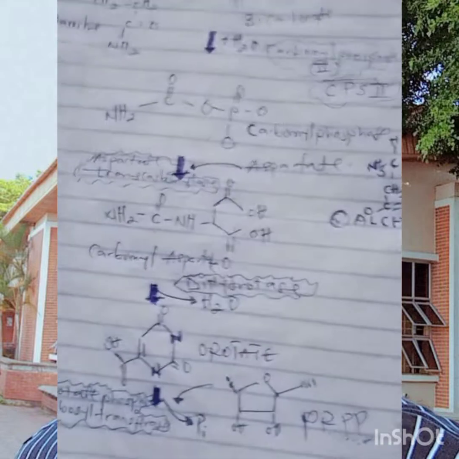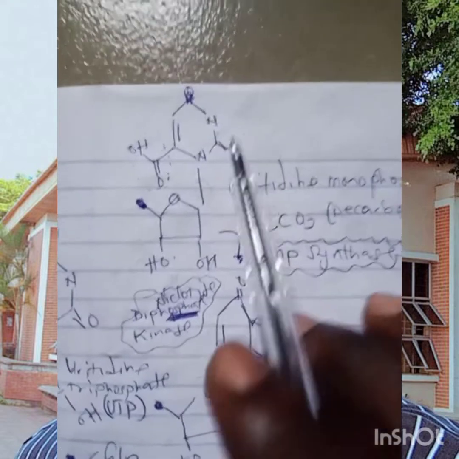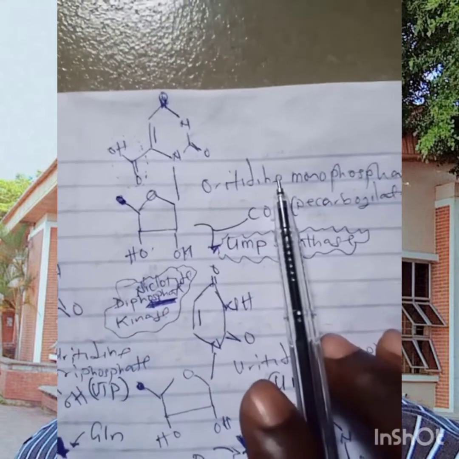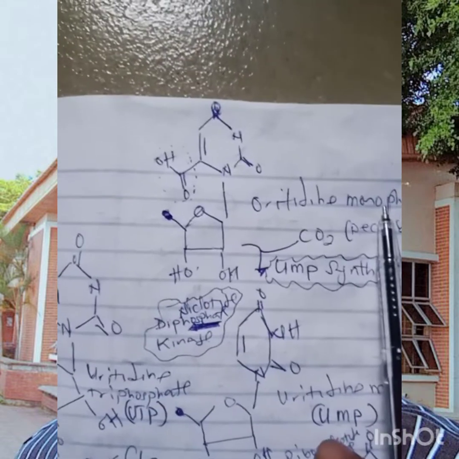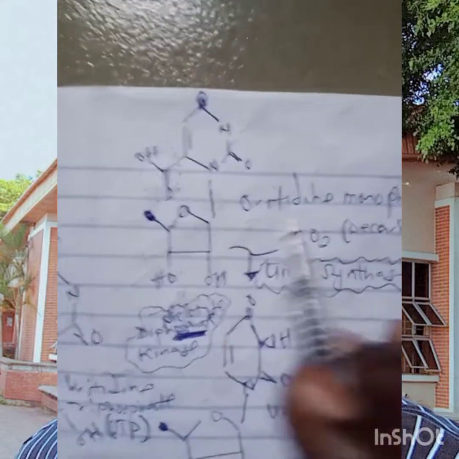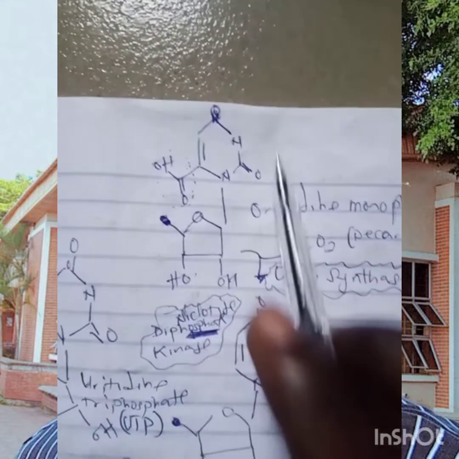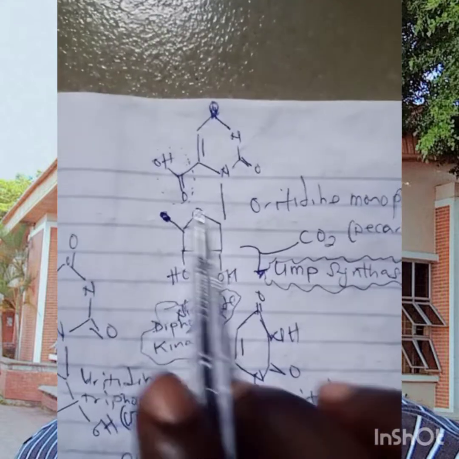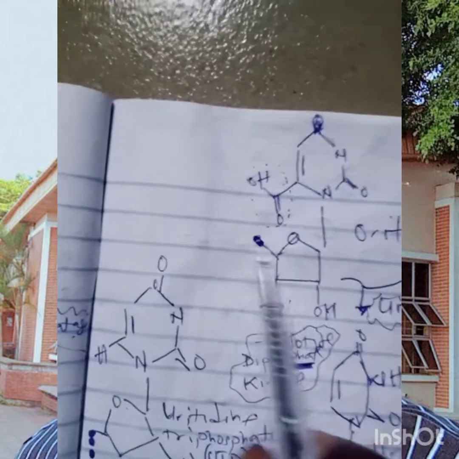So what are we going to get? We get a compound called uridine monophosphate, which has the same structure as our nucleotide. Now this top is called the orotate side, this is our ribose sugar, and this is the phosphate here.